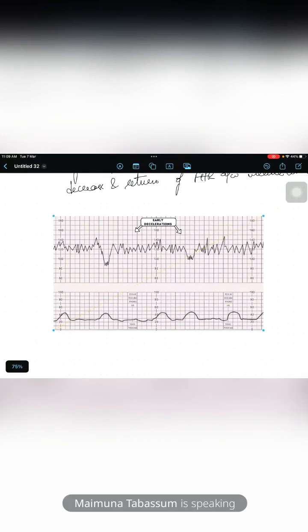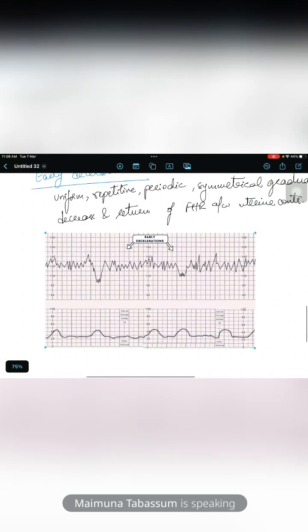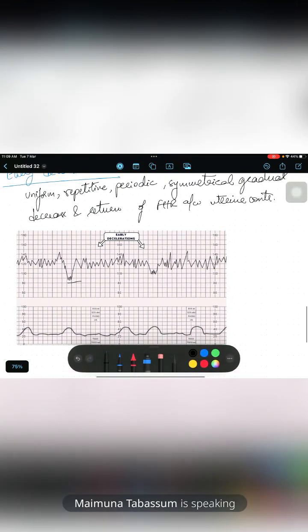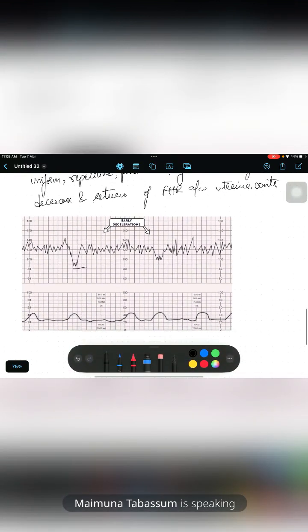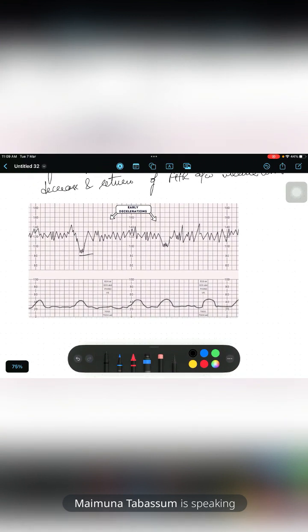Here you can see these are the early decelerations. What we have told: a uniform, repetitive, periodic, symmetrical, and gradual decrease and return of the fetal heart rate associated with uterine contractions. How does this occur? In early decelerations, the nadir occurs at the same time as the uterine contraction. This graph records the uterine contractions, and this one the fetal heart rate.